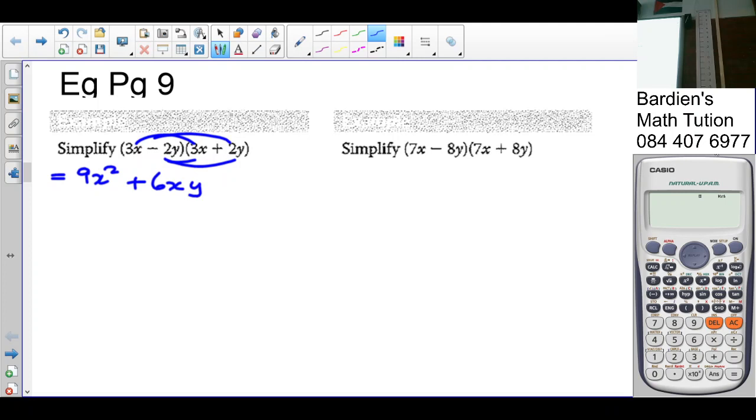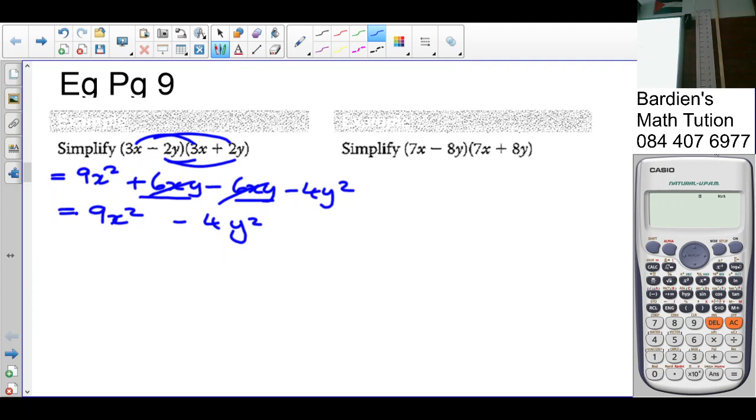Negative 2y times positive 3x is negative 6xy. Negative 2y times positive 2y is negative 4y squared. As you can see, these are like terms, the 6xy and negative 6xy, they cancel out. It gives you 9x squared minus 4y squared. So it's a product resulting in a difference of two squares.